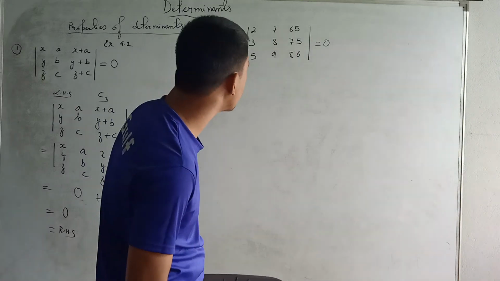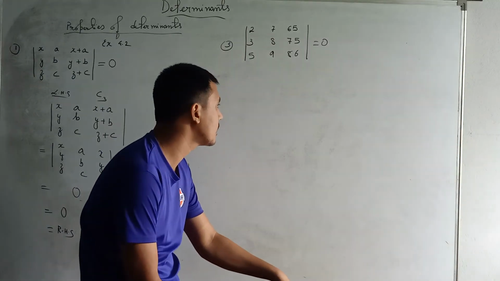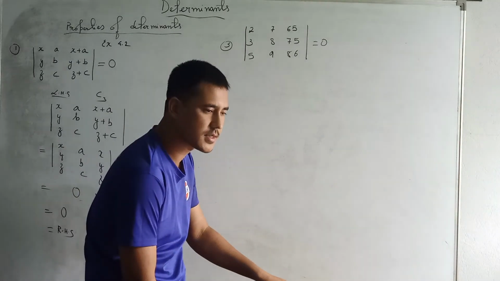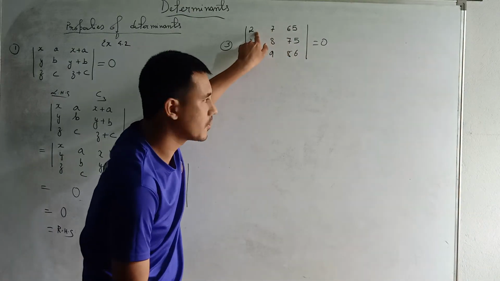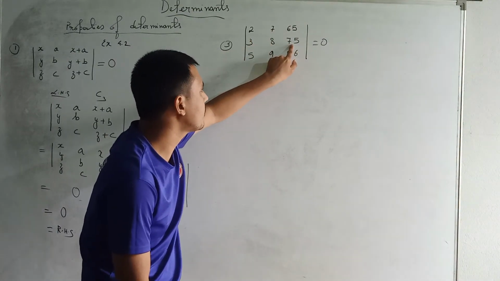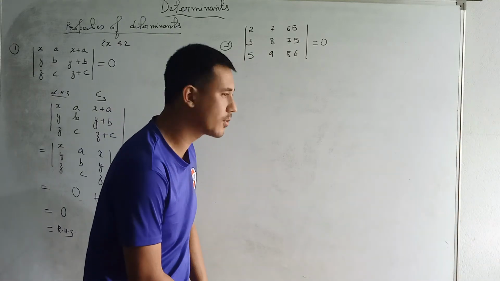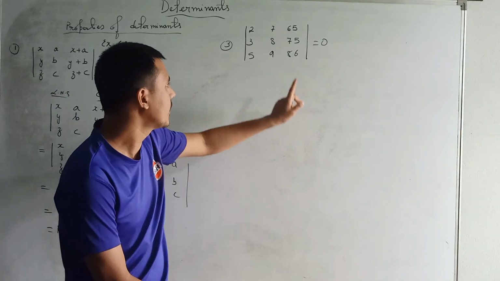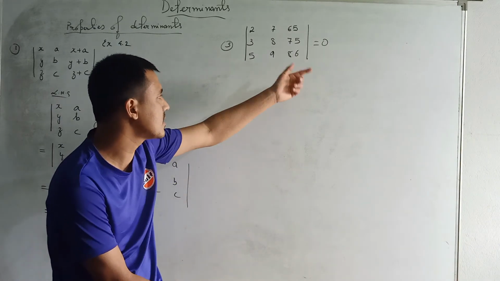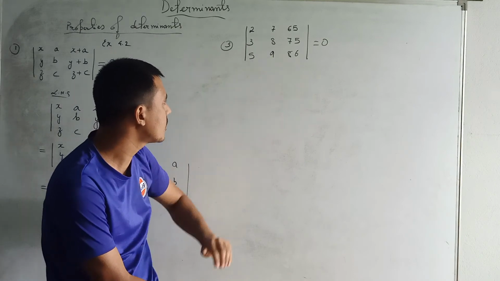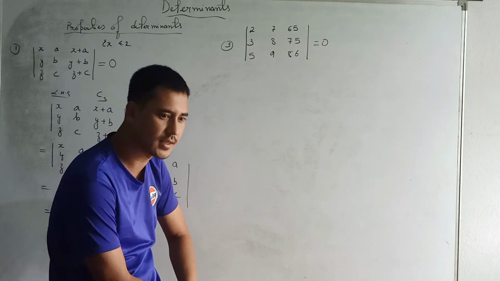I'm going to break 65 into the sum of two numbers, one of which may contain 7 or 2. You can break 75 into two terms such that one of them contains 8 or 3. And I'm going to split 86 into two numbers, where one can be 9 or 5. In that case, two columns can be identical.